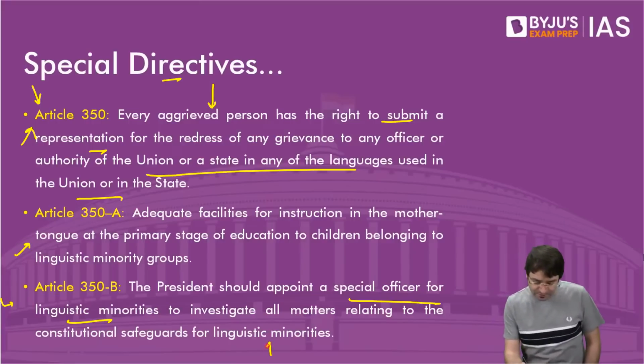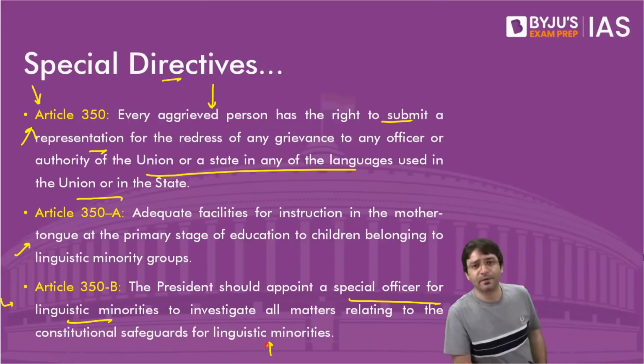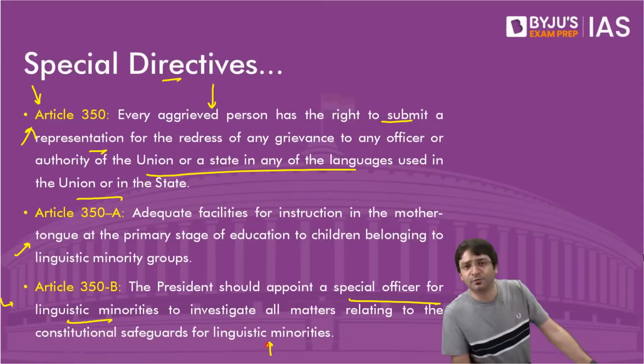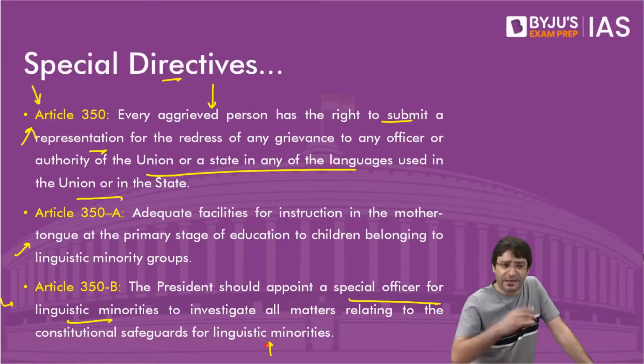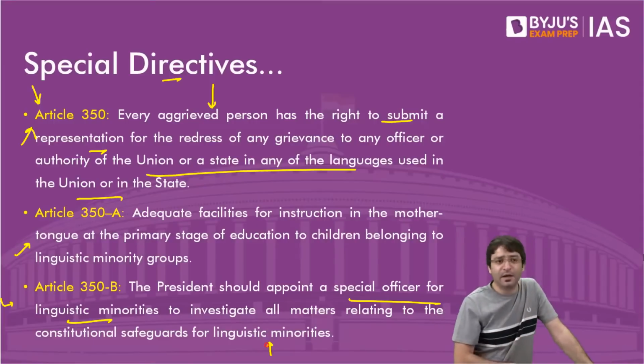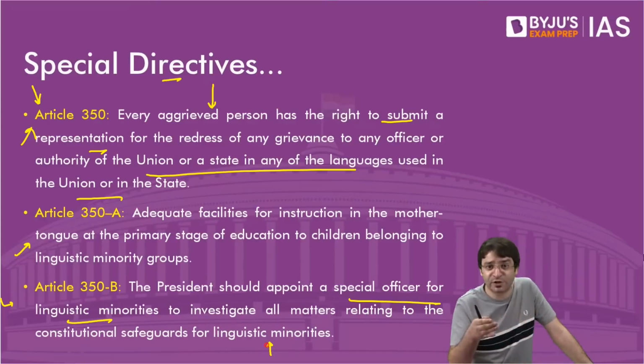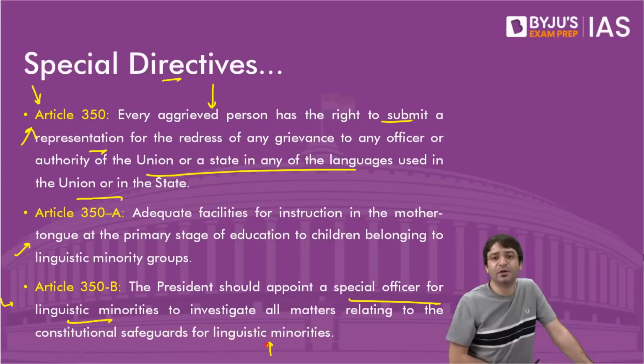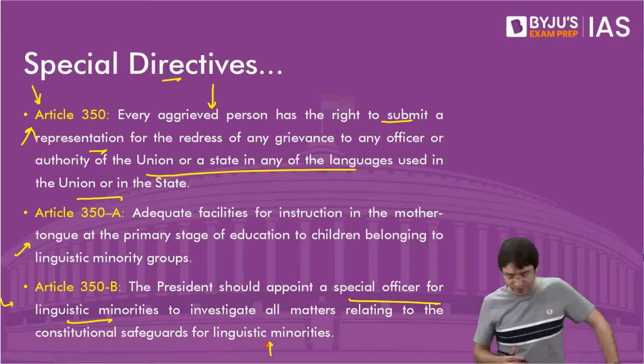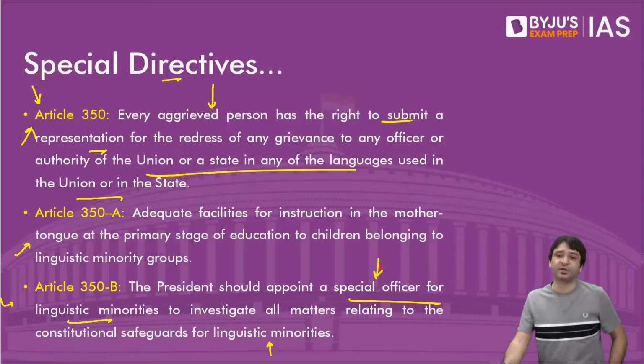All these linguistic minorities, whether Marathis in Tamil Nadu, whether Tamils in Delhi, whether Bengalis in Delhi, whatever problems you are facing because of your language, whatever concerns that you have, whatever discrimination you are facing because of your language, you just have to approach the officer appointed by the president, a constitutional officer known as the Special Officer for Linguistic Minorities.